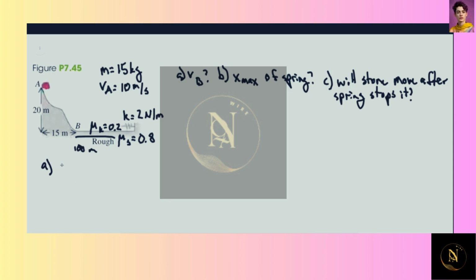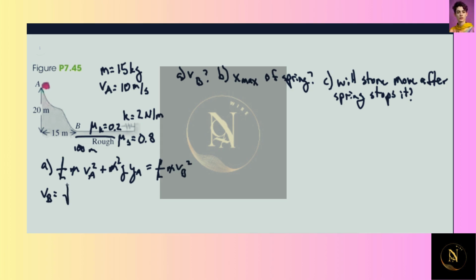So 1/2 m v_a squared, because it is moving initially, plus m g y_a has to be equal to 1/2 m v_b squared. So let's see, m's all cancel, get a 2 there.